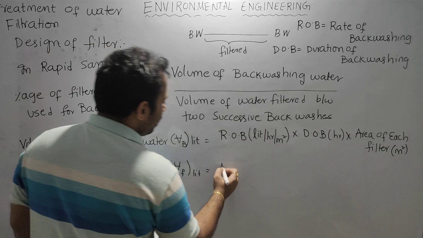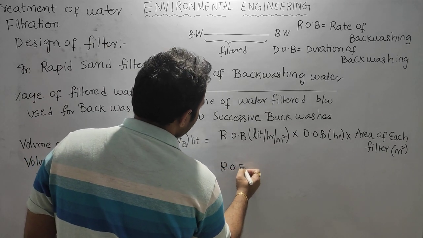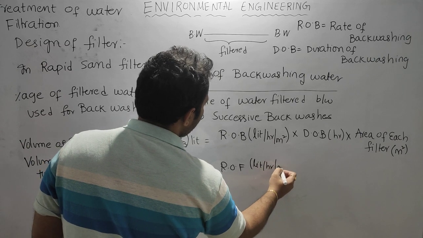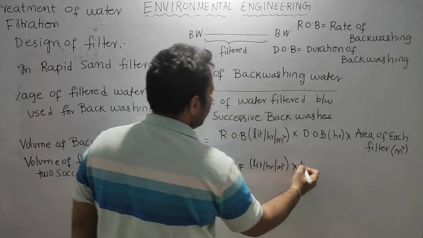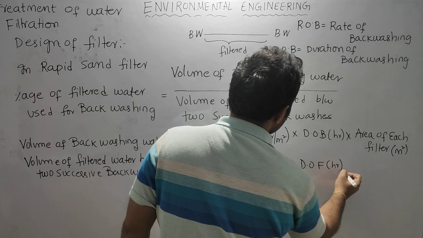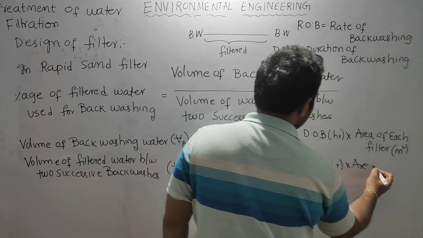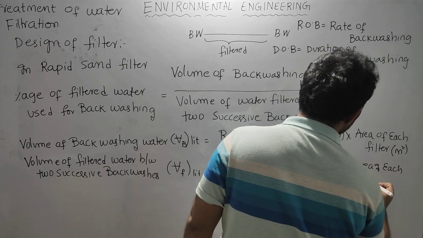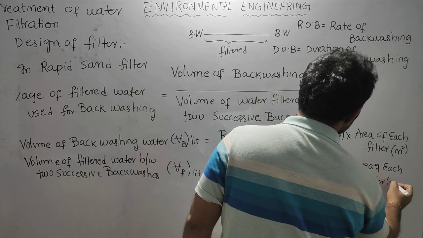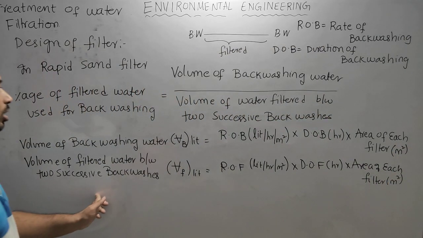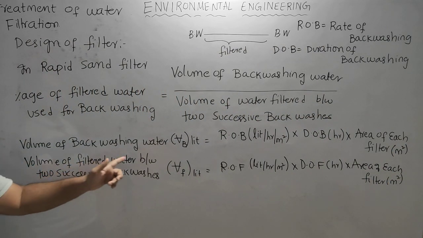So the rate of filtration, again in liter per hour per meter square, times the duration of filtration in hours, and the area of each filter in meter square. So this is the volume of the filtered water, and this is the volume of the backwashing water.